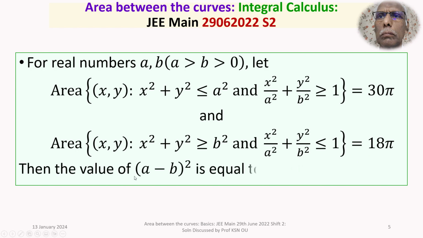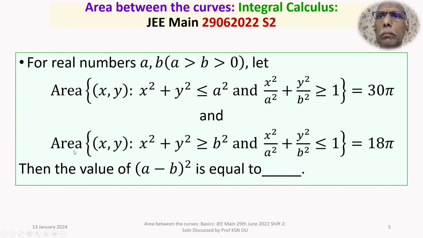Then the value of a minus b whole square is equal to? We are given a, b are real numbers and a greater than b greater than 0. This is very important. Now it is given that the area which is the interior of this circle and exterior of this ellipse is 30 pi.